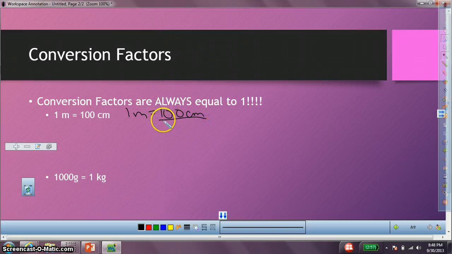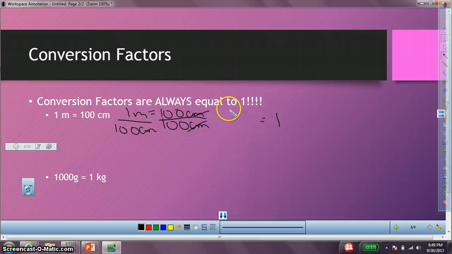I'm going to divide each side by 100 centimeters. On the right side, 100 divided by 100 equals 1, and our units, centimeters divided by centimeters, cancel.